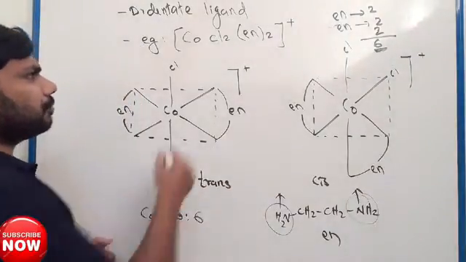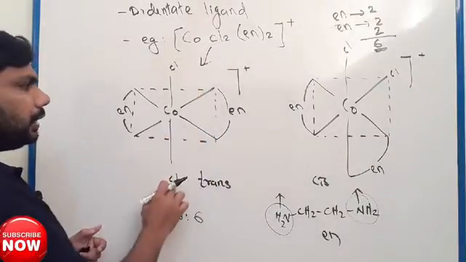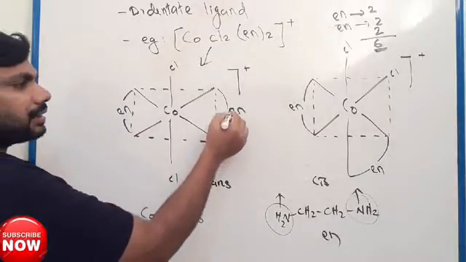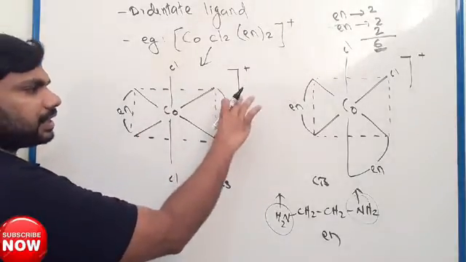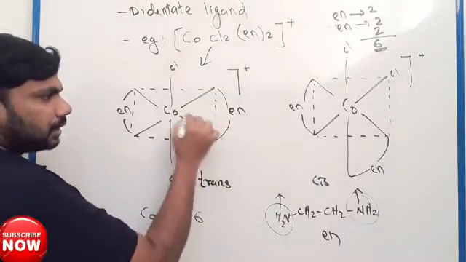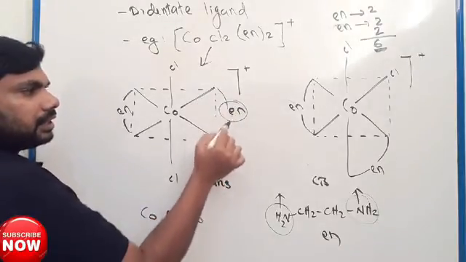This is an example. Here cobalt is the central metal atom, with 2 chlorine, and here ethylene diamine on each side. Look here, this is ethylene diamine. There are 2 bonds, here one bond and another bond.